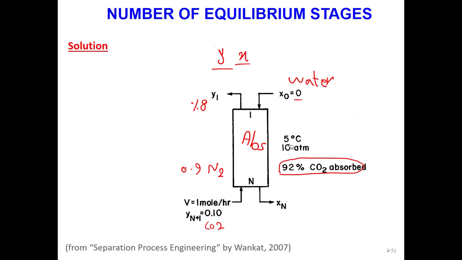Pressure is given as 10 atmospheres, temperature 5 degrees C. The question tells you to consider a basis for V of 1 mole per hour. Then you are asked to find the total number of stages by the plotting method.